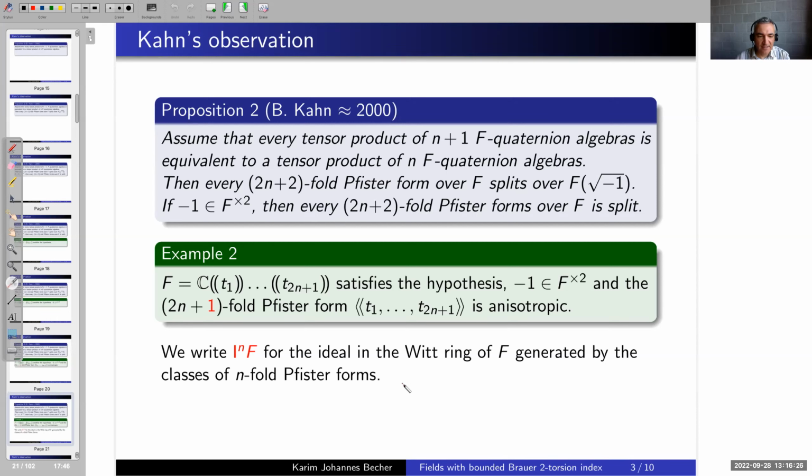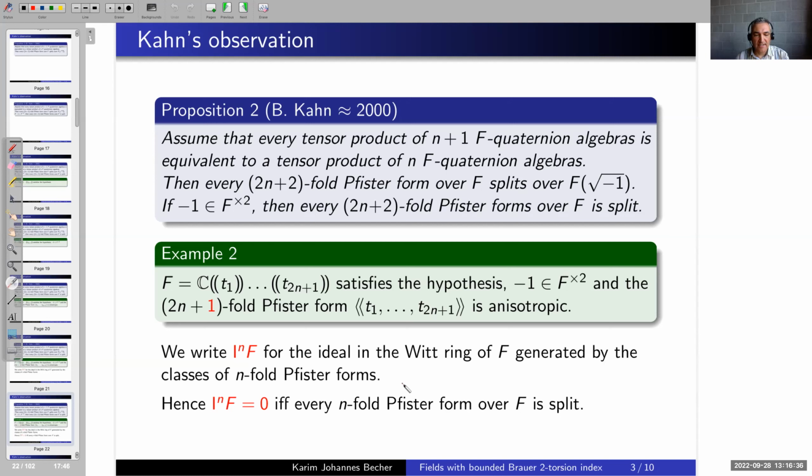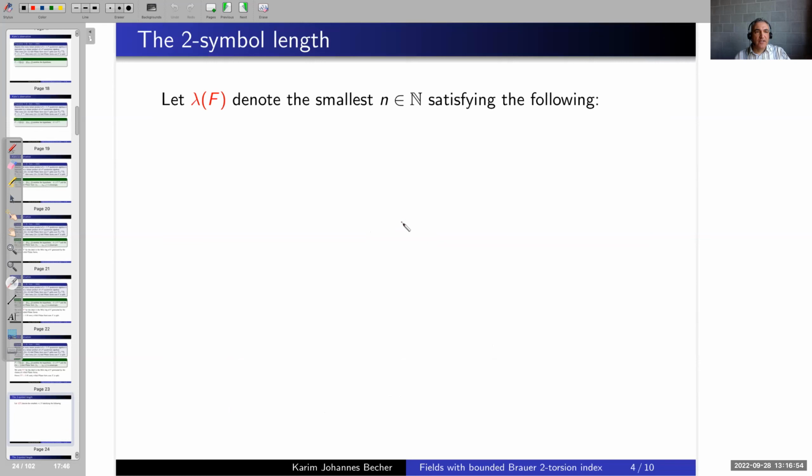It's the same thing, of course, and I just want to use in the sequel that I can write this ideal is 0, just as a shorthand notation for saying that every n-fold Pfister form over F is split. So I could say here every 2n+2-fold Pfister form is split. I could say I to the 2n+2 of F is 0. And let me reformulate it in these terms on the next page.